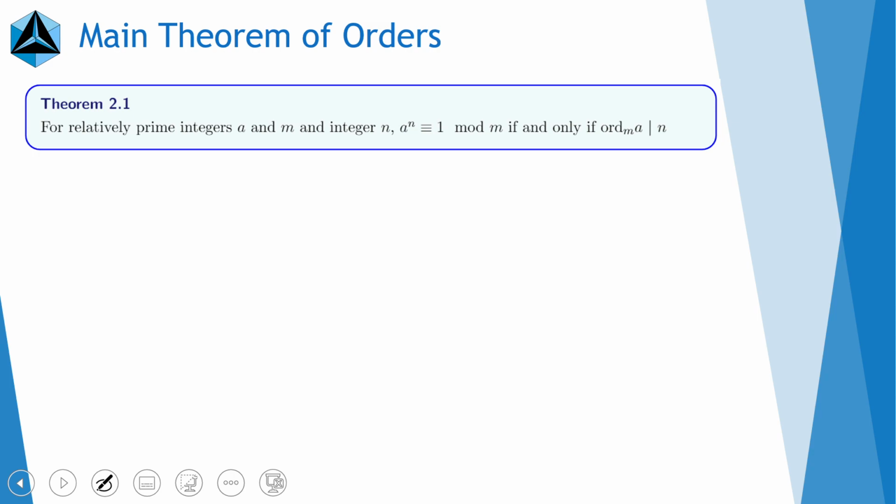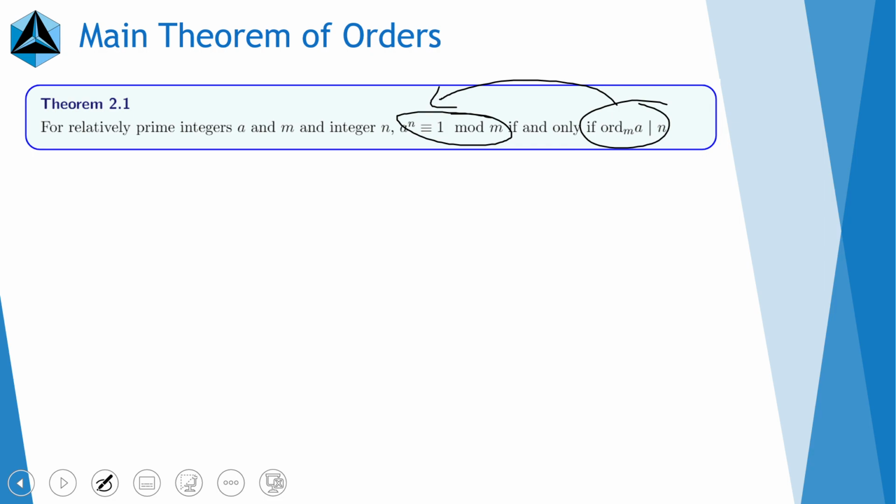This is a two-directional statement, and we want to prove it because it gives us a good understanding of how useful orders are. Let's first prove the direction where we assume the order divides n.